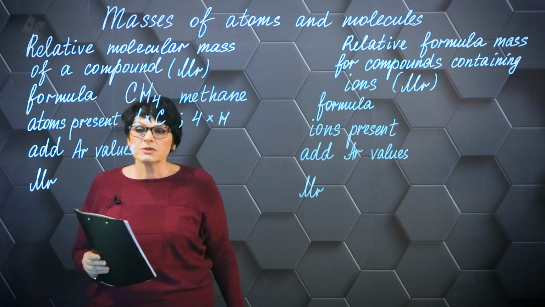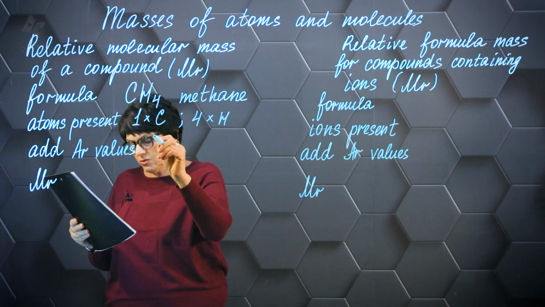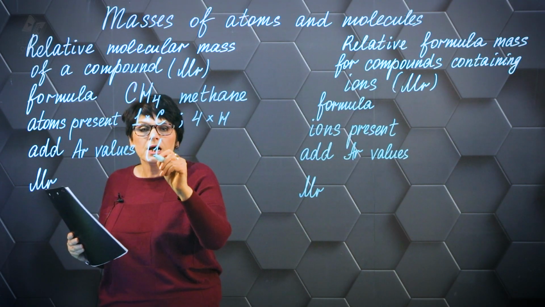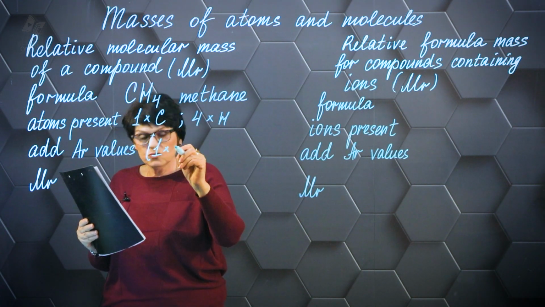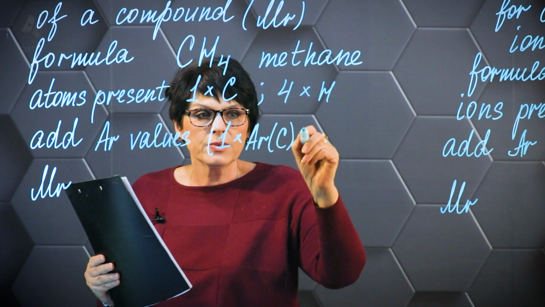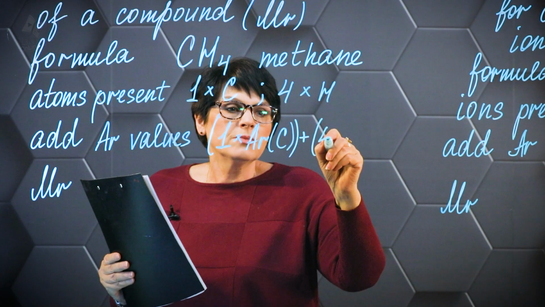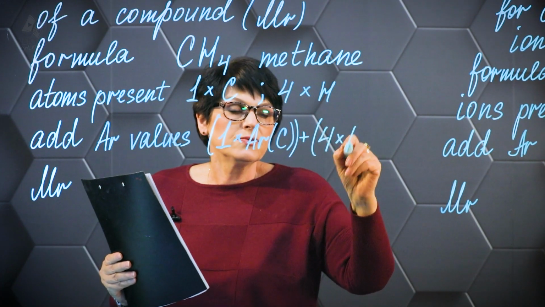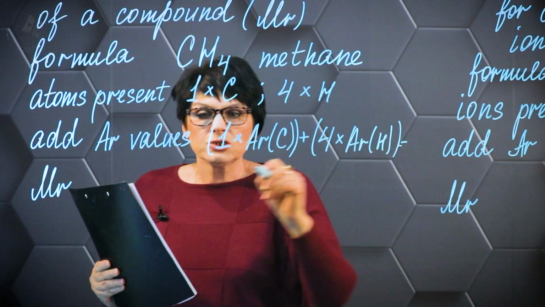Now let's explain the masses of each element. So we have 1 carbon atom, its number multiplied by the Ar of the element carbon. And then we add to that value the mass of 4 atoms of hydrogen. Let's do the calculation.